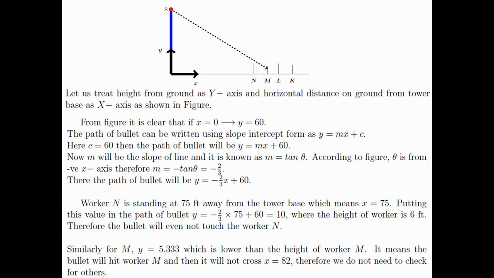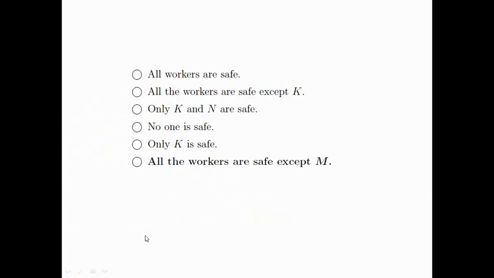Hence the bullet will hit the worker M, and once it hits him, it will not touch either K or L. Therefore, we do not need to check for others. So from the given options, all the workers are safe except M.